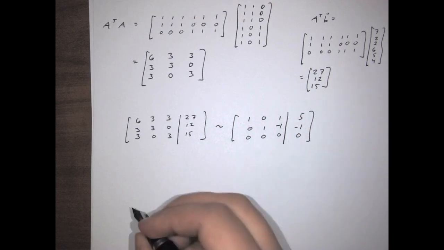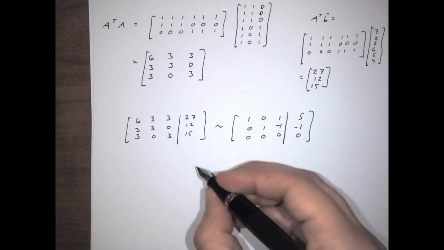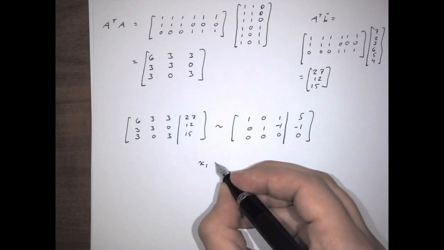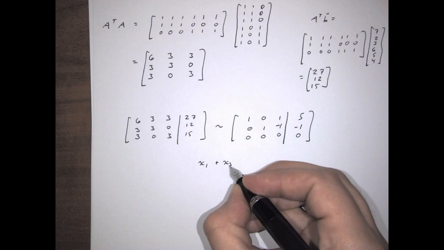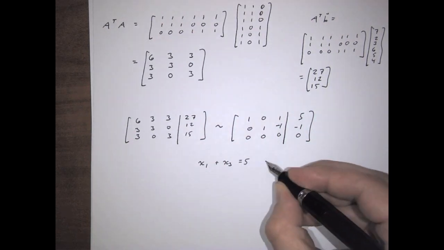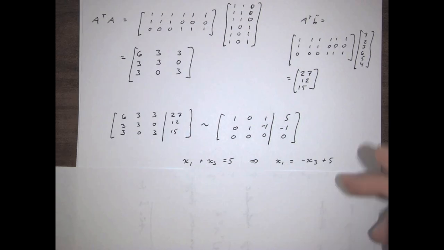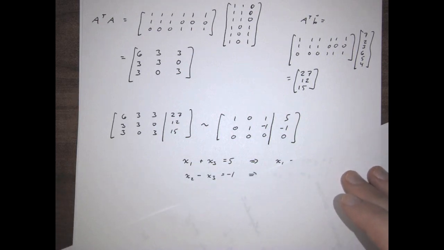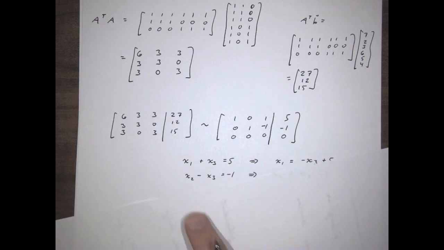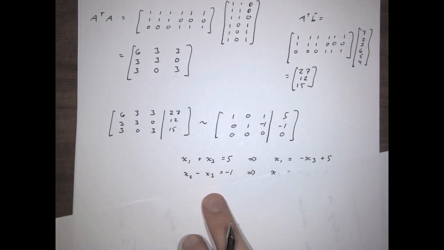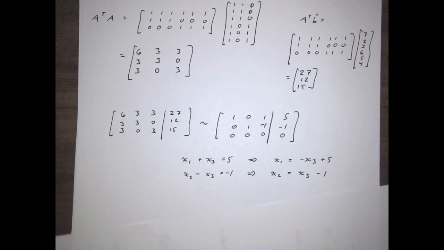Okay, so now if we think about this, x1, x2, x3, so x1 plus x3 equals 5, which means that x1 equals negative x3 plus 5. And by the same token, if we have x2 minus x3 equals negative 1, then x2 is equal to x3 minus 1.